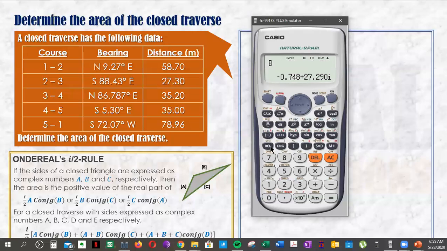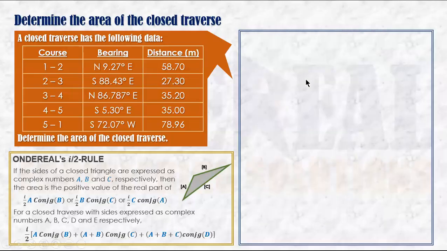A, B, C, D, E. Okay, good. And one way to check if this is indeed a closed traverse is adding them. Again, the sum must be 0 plus 0i or simply 0, or approximately 0 plus 0i. It's okay if there is a little error. It doesn't matter much. Now, actually, I wrote that here.